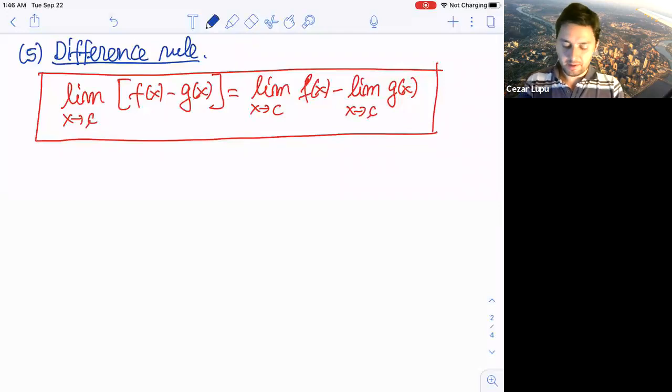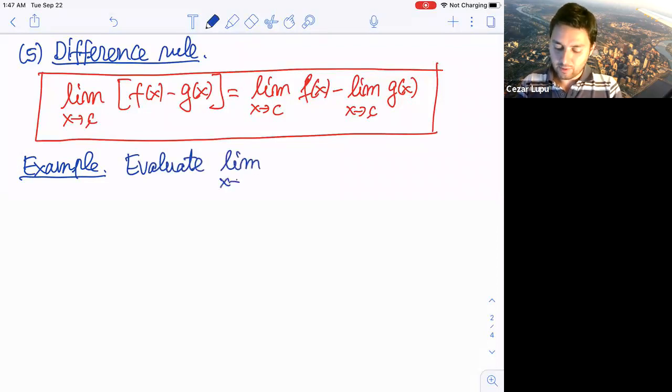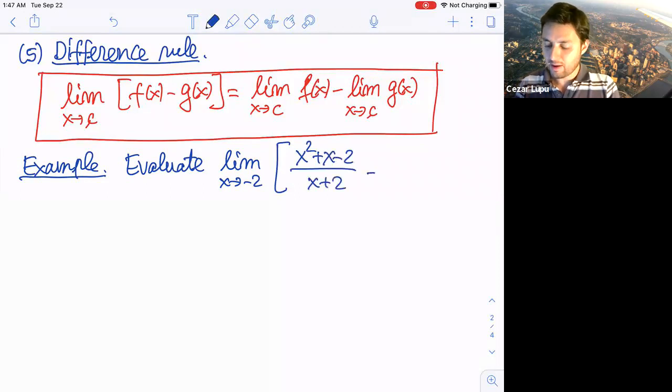And now let's see an example, along similar lines to the previous one. So let's evaluate the limit as x approaches -2 of (x squared plus x minus 2) over (x plus 2), minus (x plus 2) over (x plus 2). So it's again the same thing.